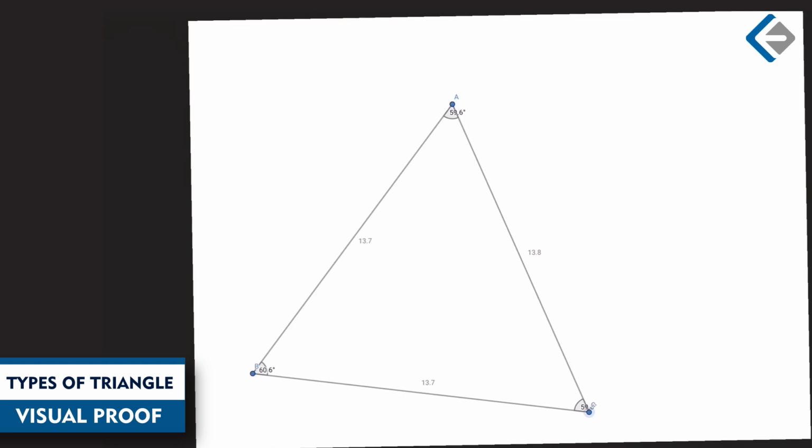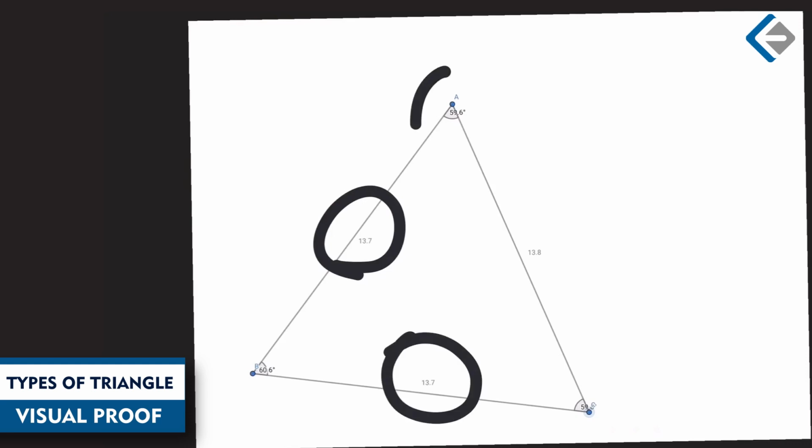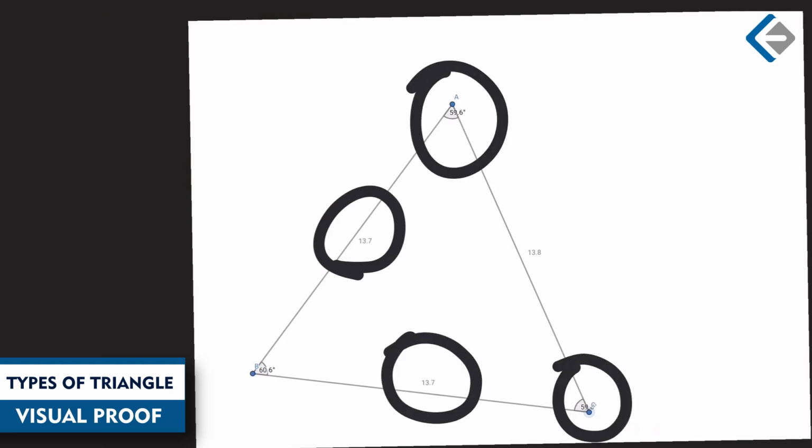Now if I just try to play with it, AB becomes equal to BC. In this case, both AB and BC, you can see here, are 13.7. So angle A becomes equal to angle C, which is 59.6. So again proved: if two sides are equal, the two angles adjacent to those sides will also be equal.